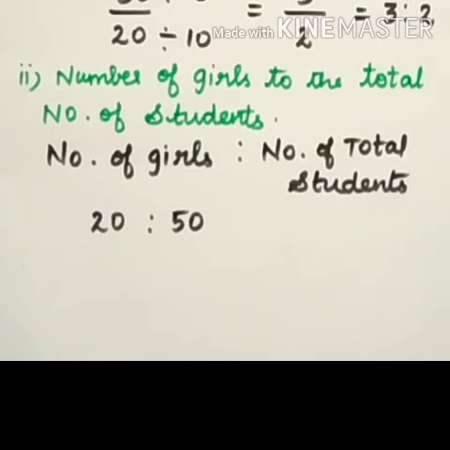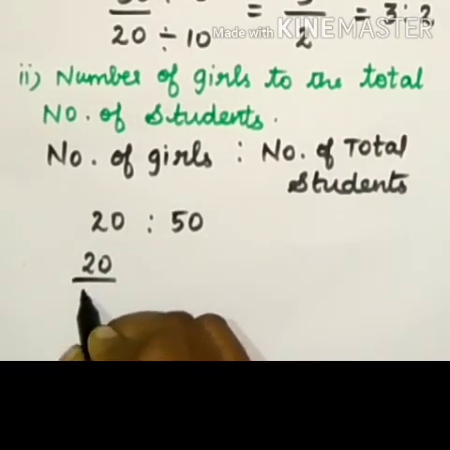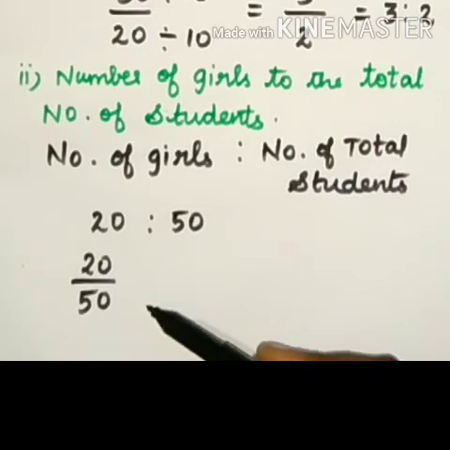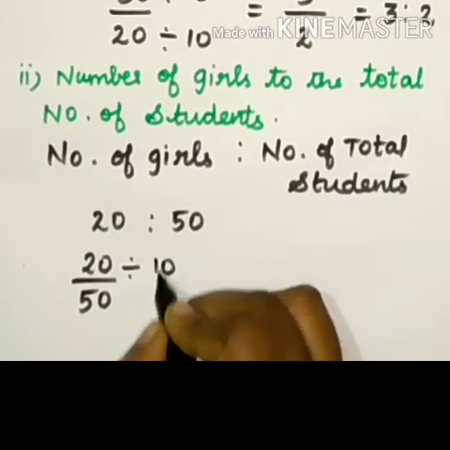To simplify the ratio, first you have to write the ratio in the fraction form. Then you have to divide it by the common multiples, the greatest common factor. 20 and 50 are divisible by 10.